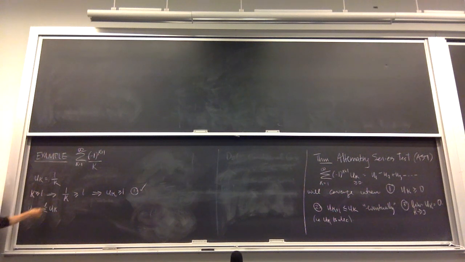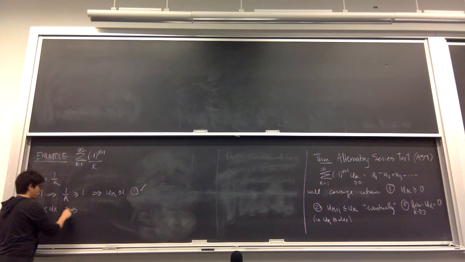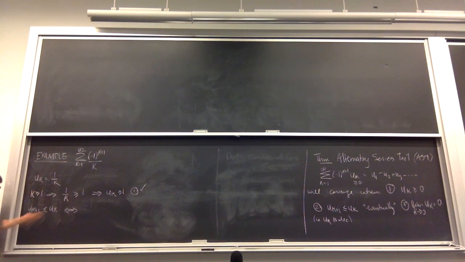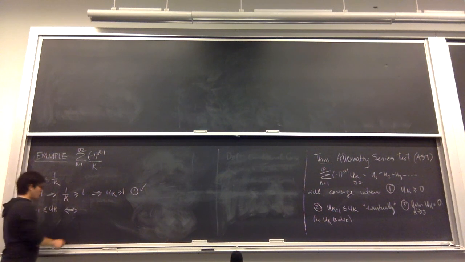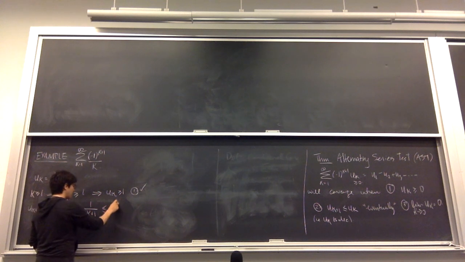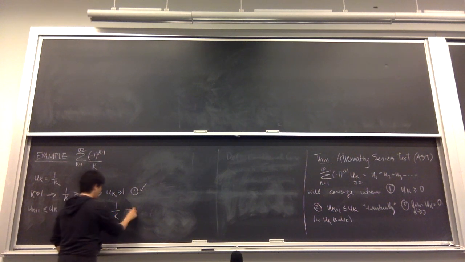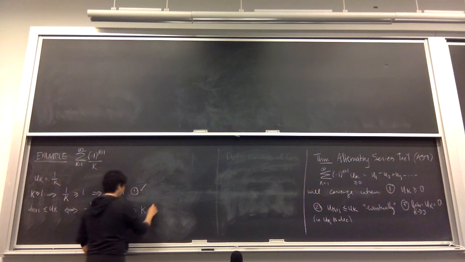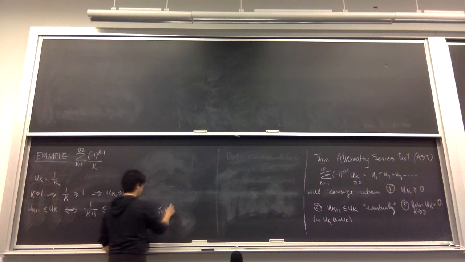Now you noticed I've normally drawn arrows in a forward direction, meaning that if this is the case, then this is the case. There's a stronger version where the arrows go in both directions. This will be true only when this is true. I'm basically saying these are equivalent statements. So u_(k+1) is less than or equal to u_k only when 1 over k+1 is less than or equal to 1 over k, which is only true when k is less than k+1.